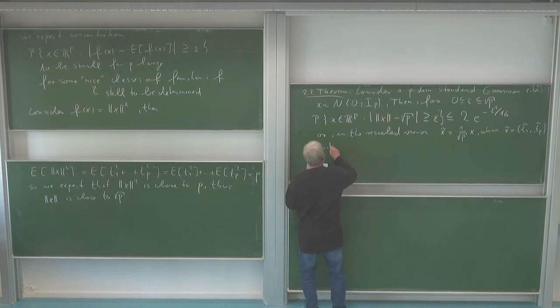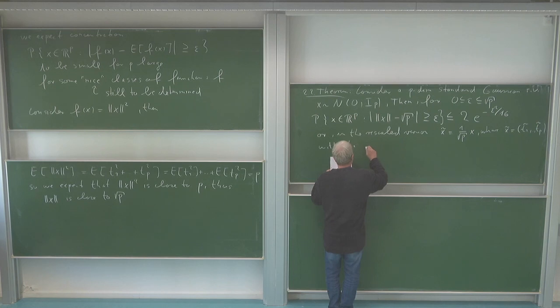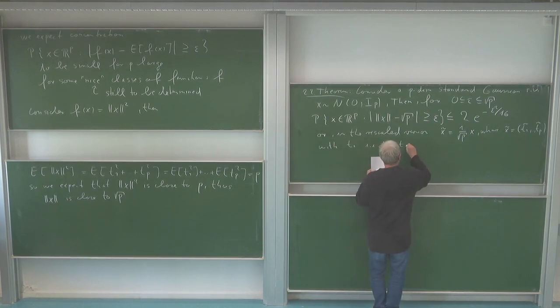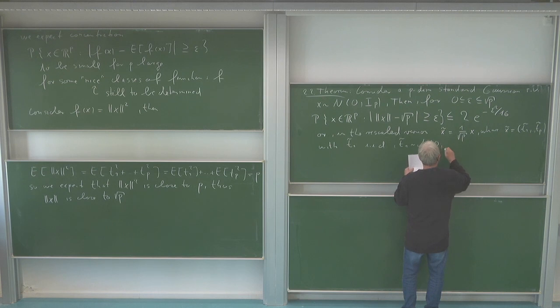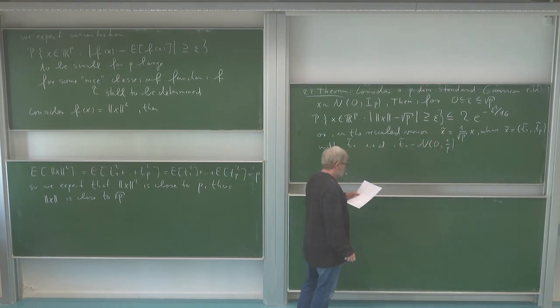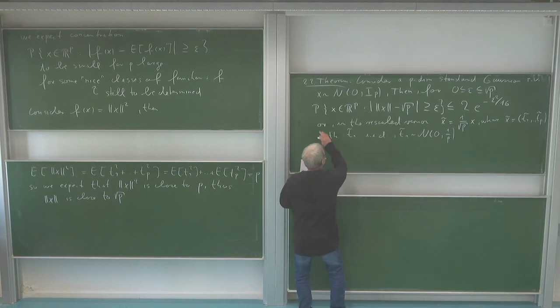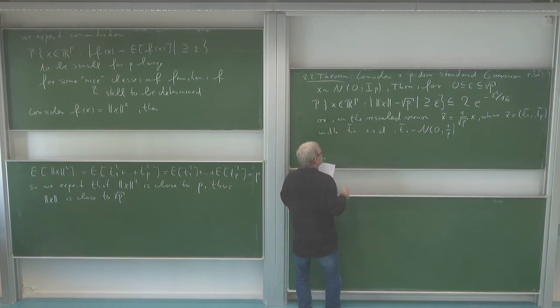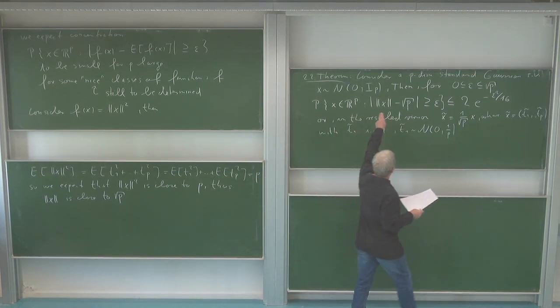So the ti twiddle are i.i.d., and the distribution of them is a normal distribution, a Gauss distribution, with mean 0, but the variance is now 1 over P.